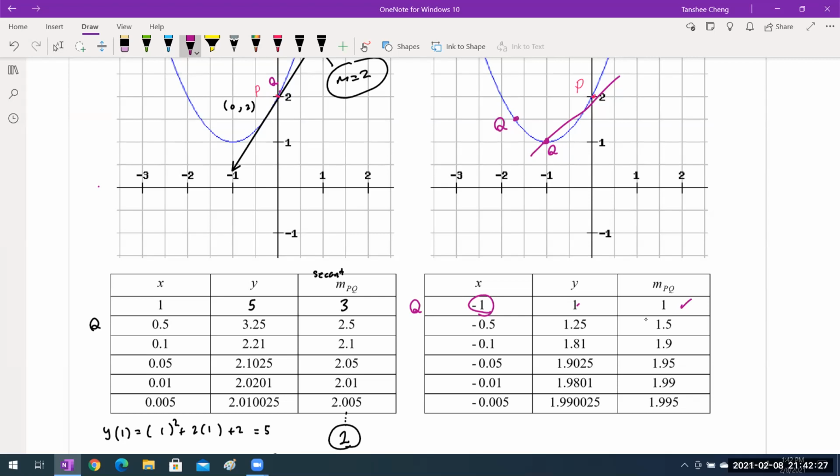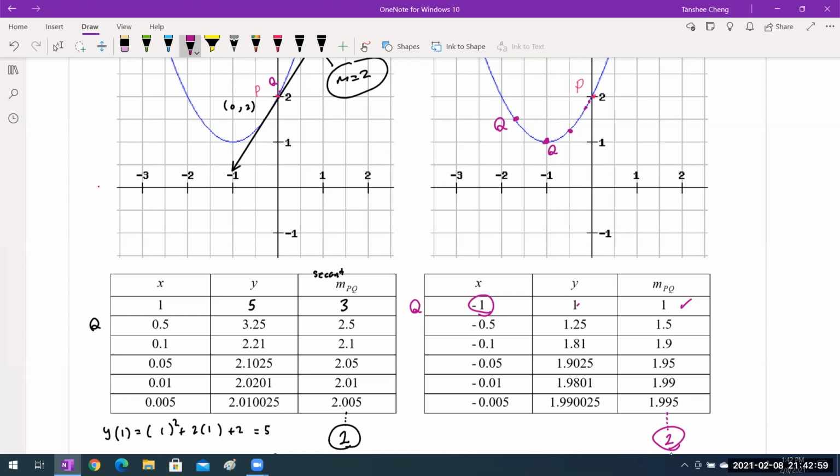And as we move closer, -0.5, -0.1, and then -0.001, very, very close to when X is 0 from the left-hand side. Now you see that the point Q is approaching P from the left-hand side. And we got 0.5, 0.9, 0.95, 0.99. And as you can see, it is again going to 2.